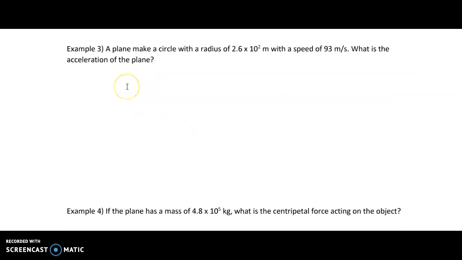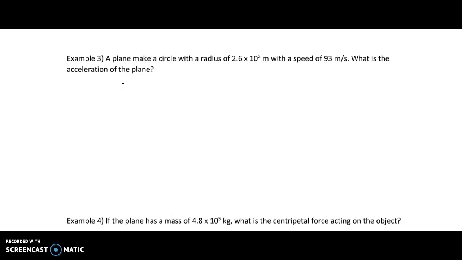If we want to take a look at a third example here, a plane making a circle with a radius of 260 meters, or 2.6 times 10 to the 2 meters, with a speed of 93, what is the acceleration? So acceleration, again, v squared over r. We're going to plug in the numbers 93 here, as well as 2.6 times 10 to the 2.